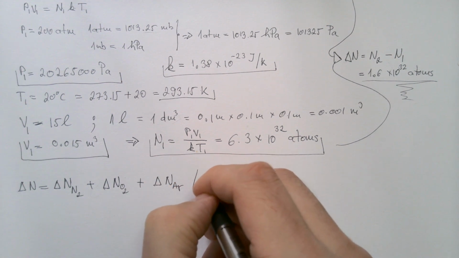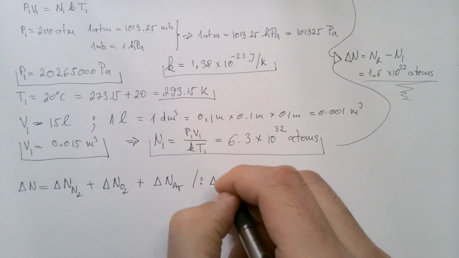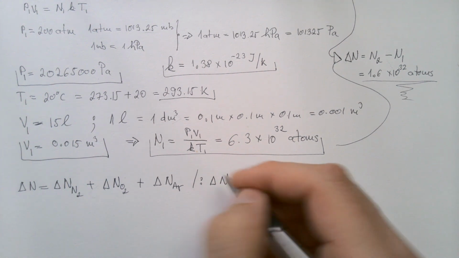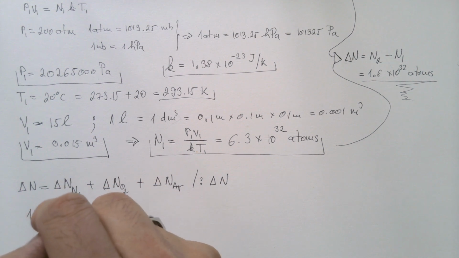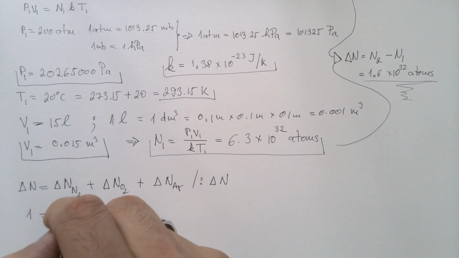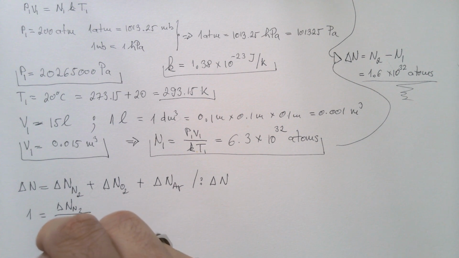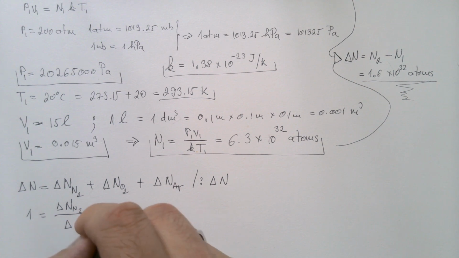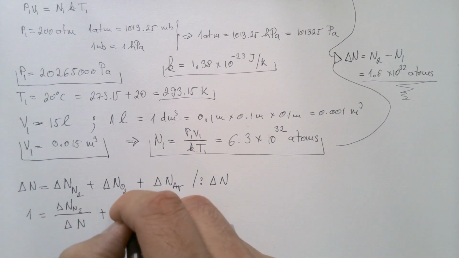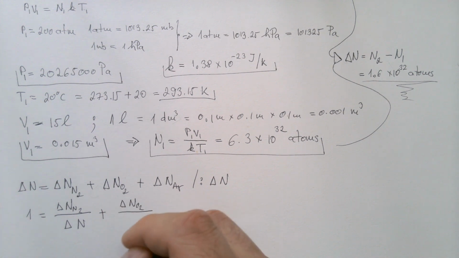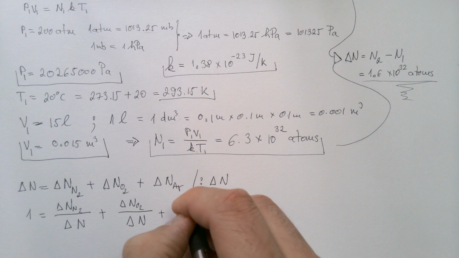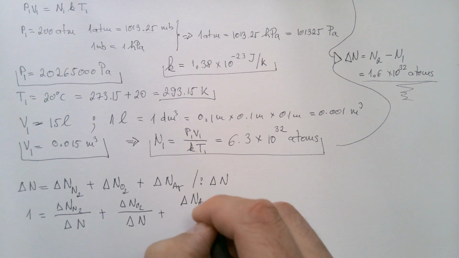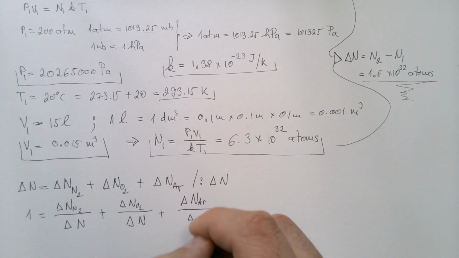Now I will divide this expression by delta n total to get that 1 equals delta n for nitrogen divided by total delta n, plus delta n for oxygen divided by total delta n, plus delta n for argon divided by total delta n.